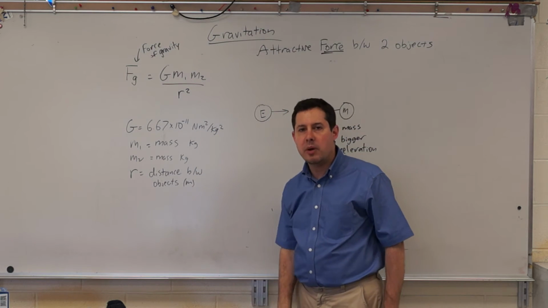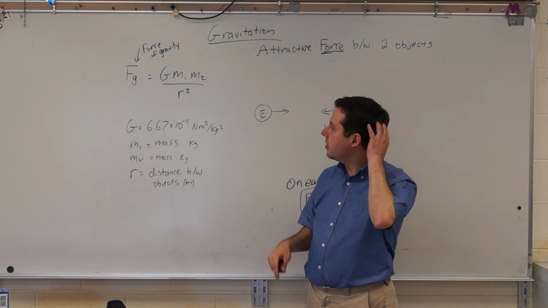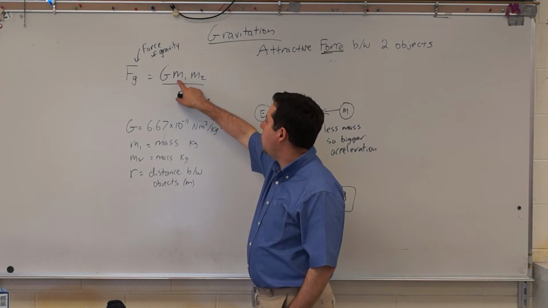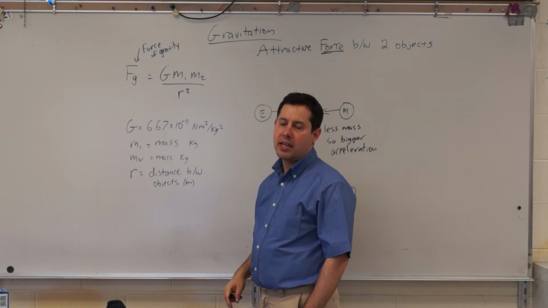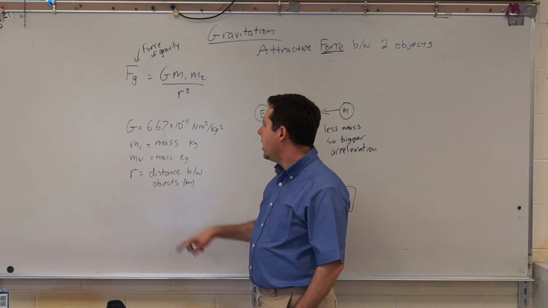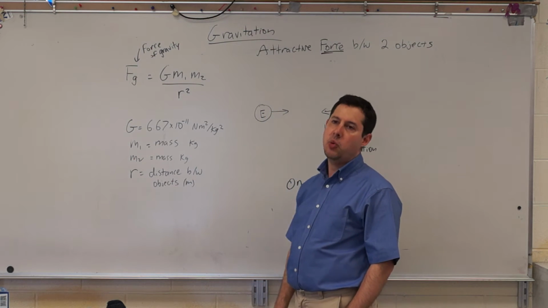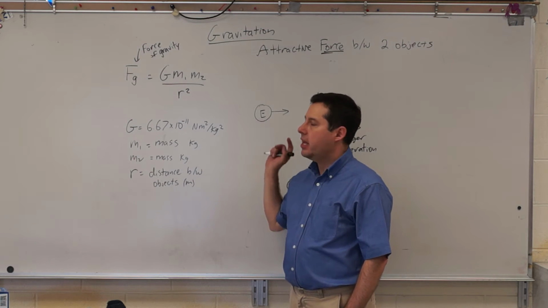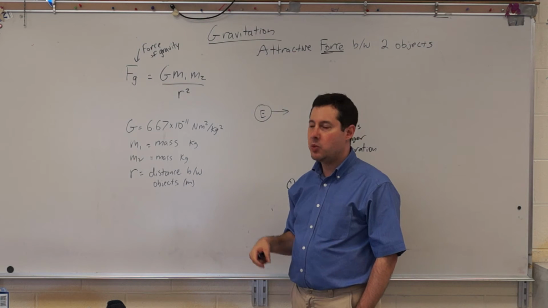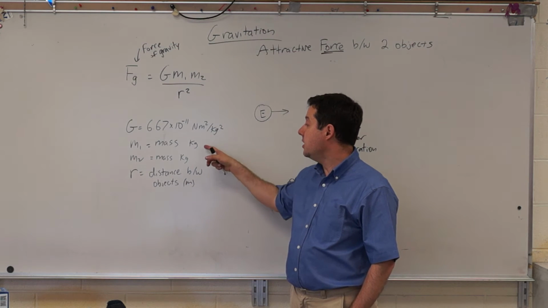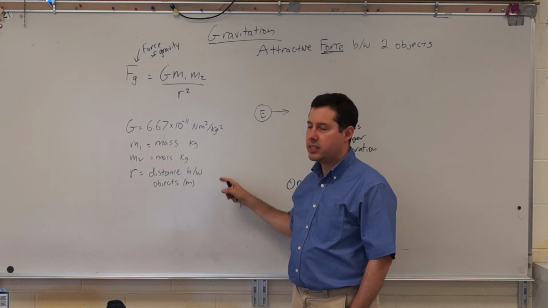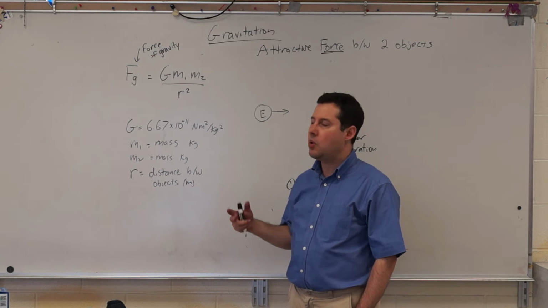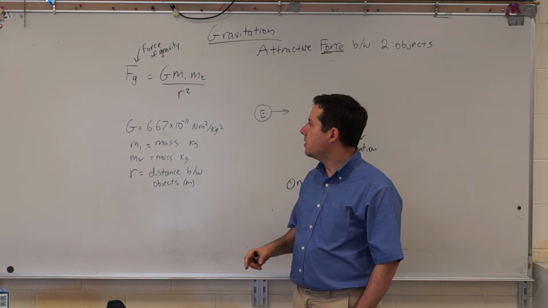You probably won't remember that. You don't need to. It's on the reference table. Mass 1 and mass 2, those are the masses of the two different objects. And r is the distance between them in meters. So if you want to find the gravitational force between two objects, you just need to know the mass of each of those objects and the distance between the two objects, plus this constant here.